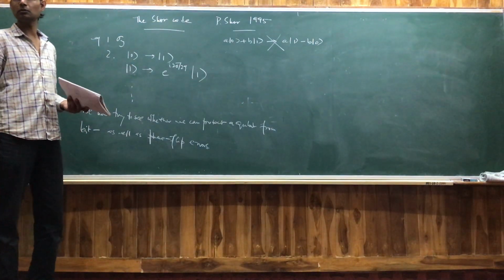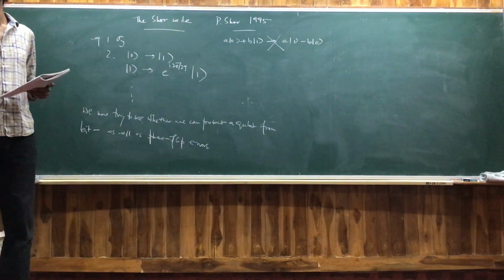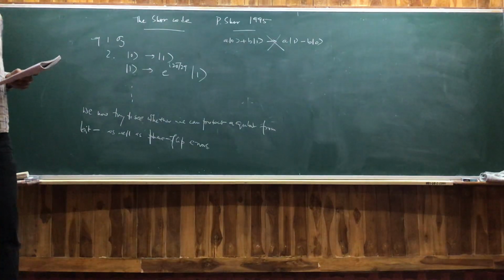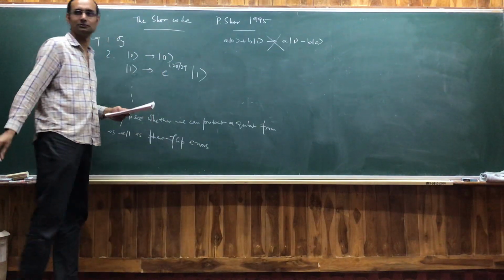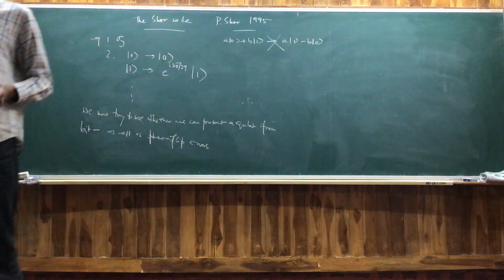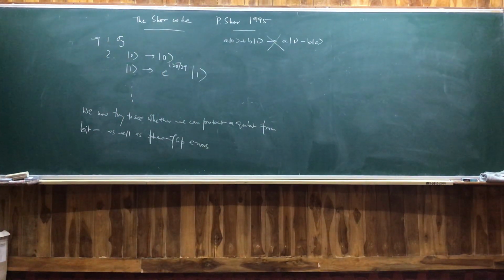Any basis going to another basis is a unitary operator. But we can have non-unitary error. We are restricting ourselves to the case where the transmission is only unitary.